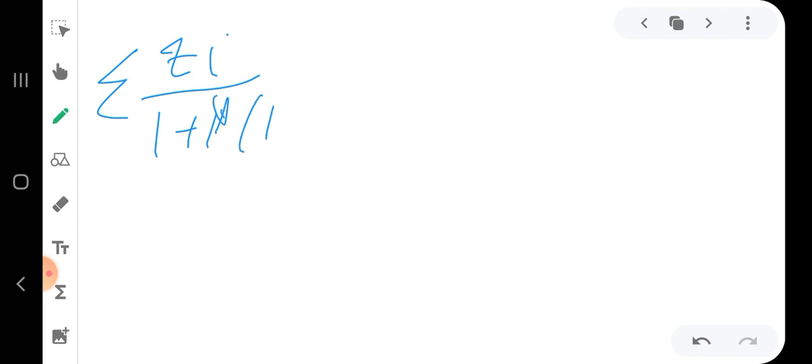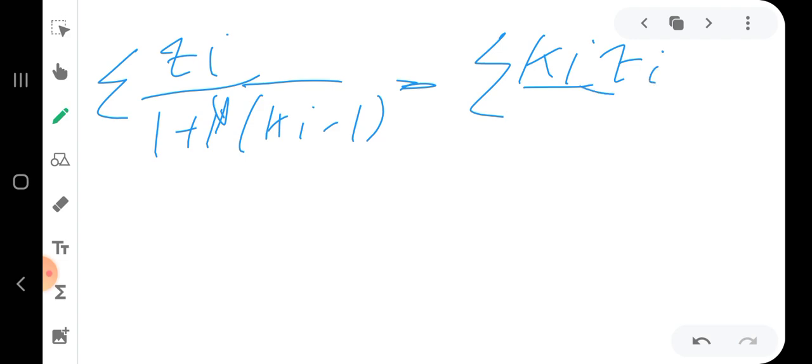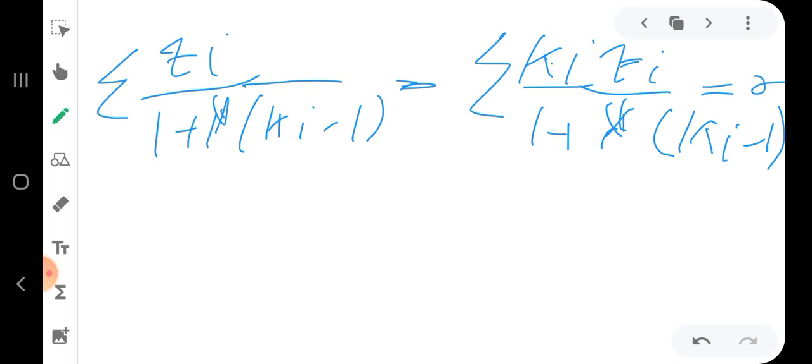So we will get that the summation of zi over 1 plus psi multiplied by Ki minus 1, minus the summation of Ki zi over 1 plus psi multiplied by Ki minus 1, so it is the same quantity but with Ki, is equal to 0.